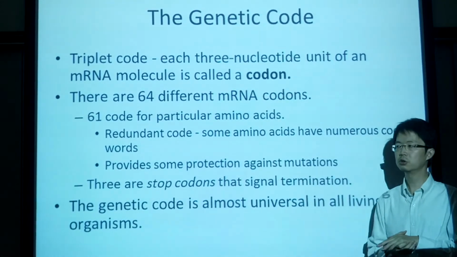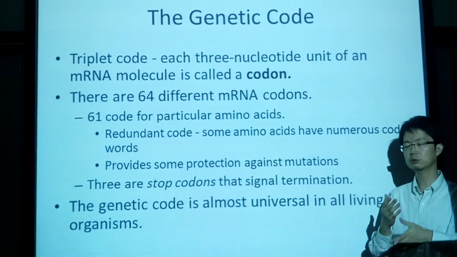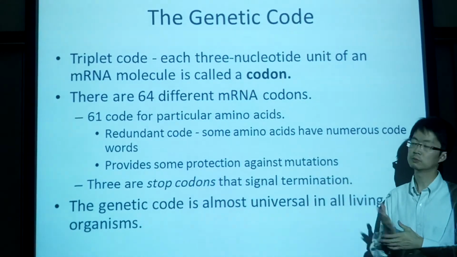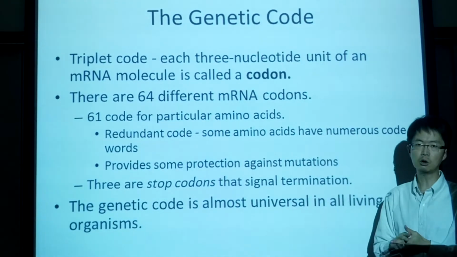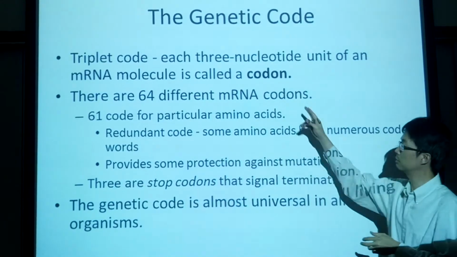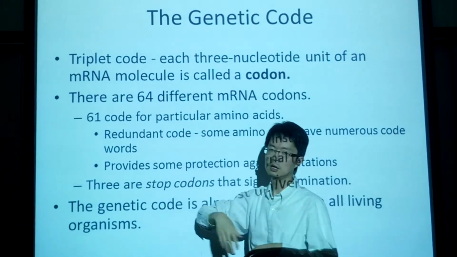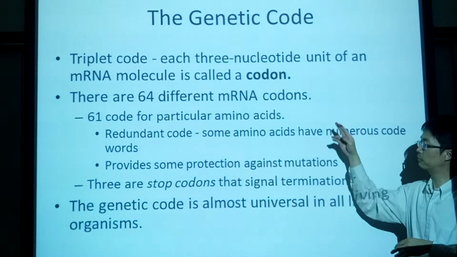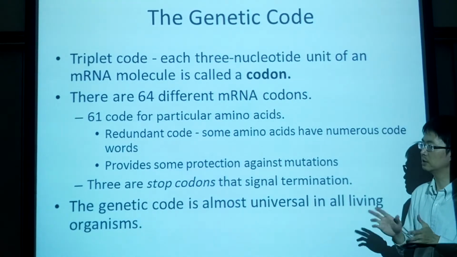In order to start understanding how a protein is formed, we need to know that there is a genetic code. The triplet code, we call it the codon. Remember, codon is found on the messenger RNA. There are 64 different messenger RNA codons.